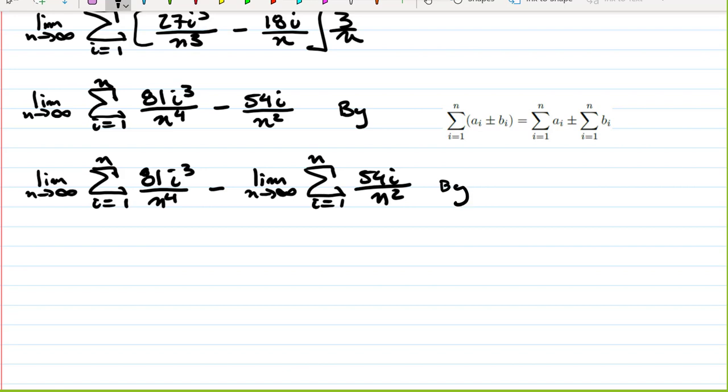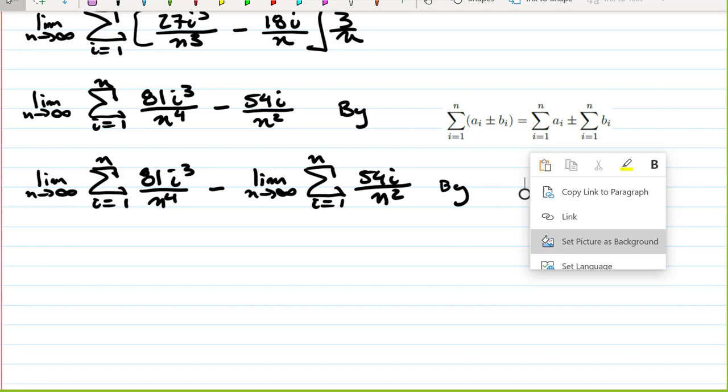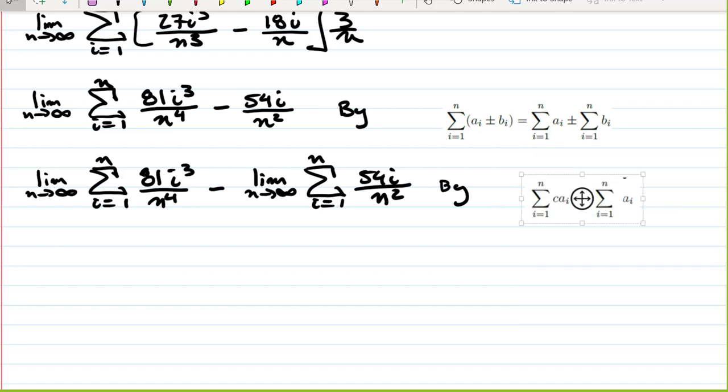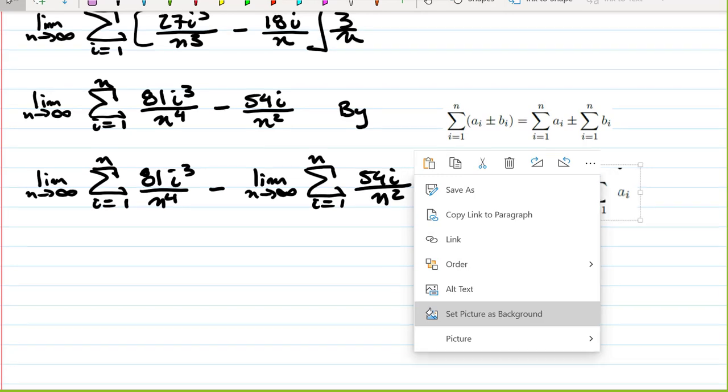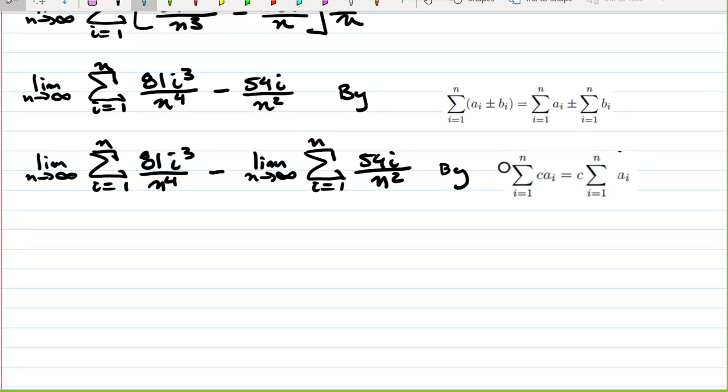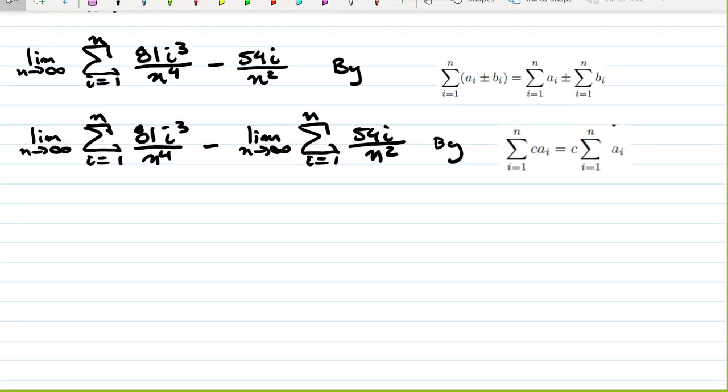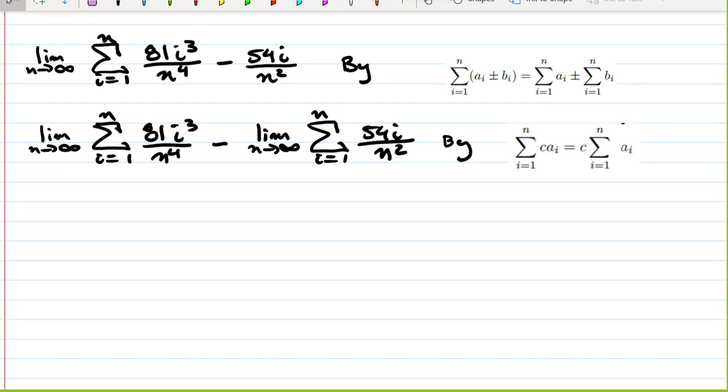So by this property, we can then pull anything involving an n out of our sums.